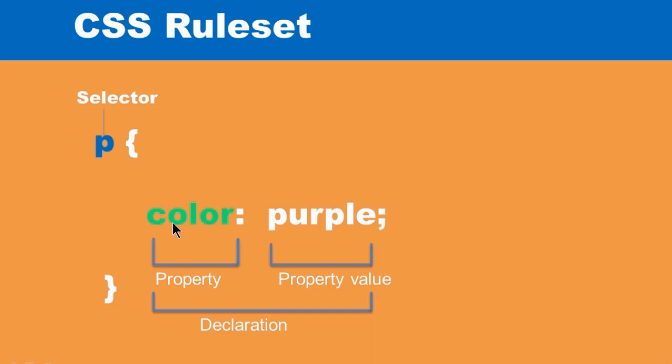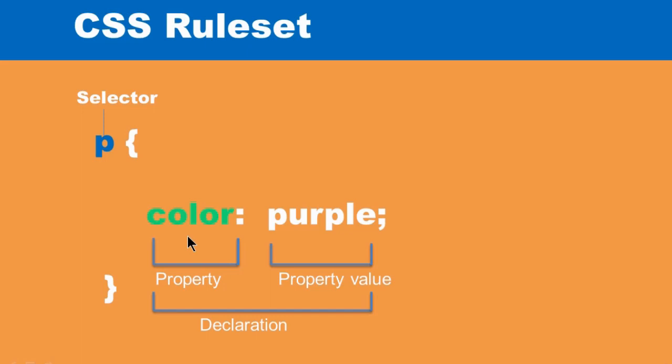So the color here, you can apply any property. The color basically is just one of many properties that you can use to style HTML elements. In this illustration, I am styling the paragraph element with the color property. That means I'm going to change the color of all elements that have the P tag.